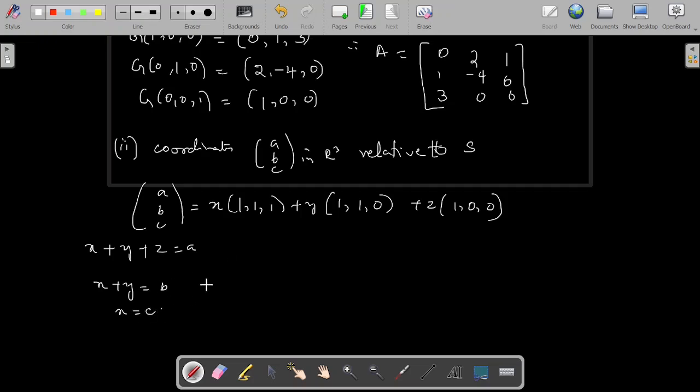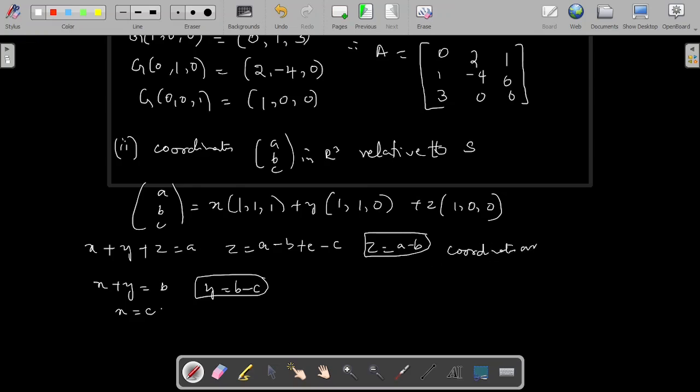So when x equals c, y equals b minus c, and z equals a minus b. Therefore the coordinates x, y, z are nothing but c, b minus c, a minus b.